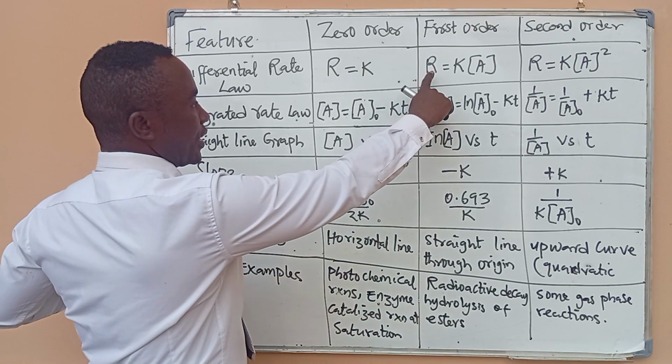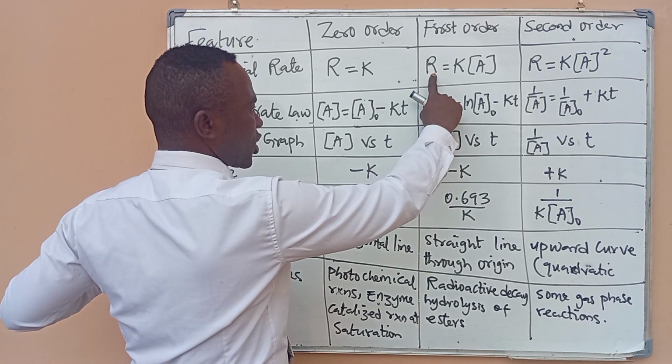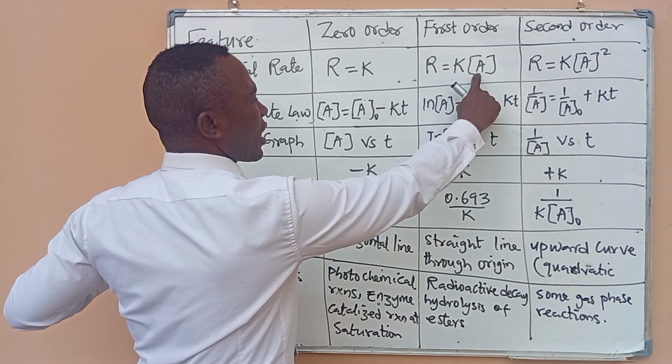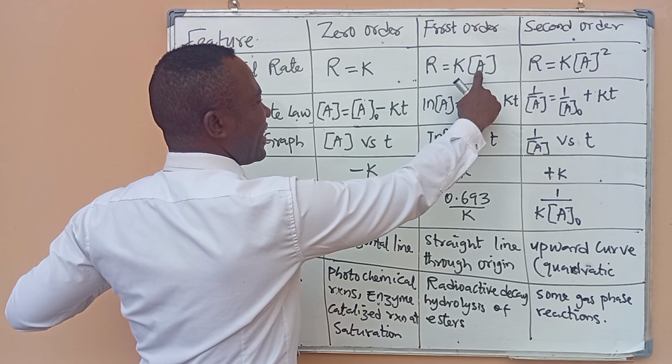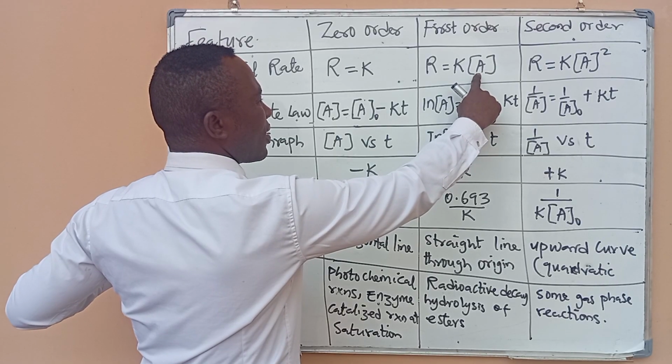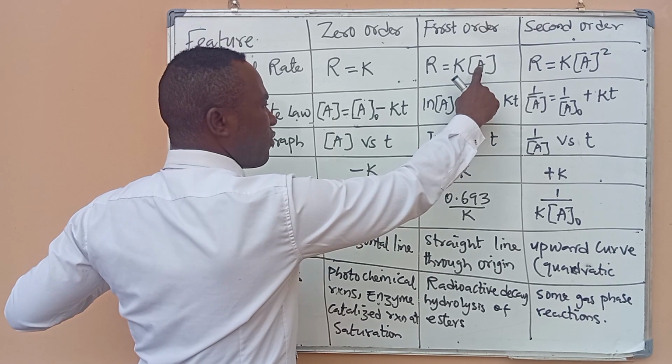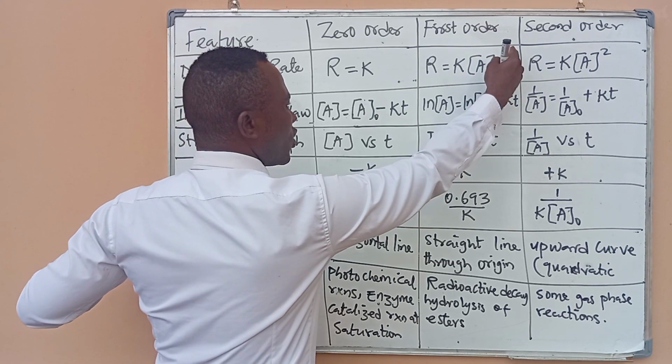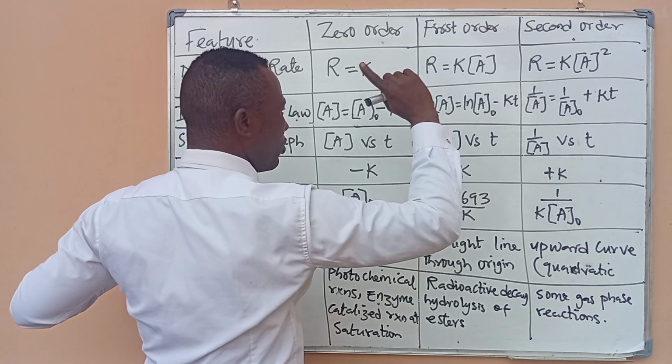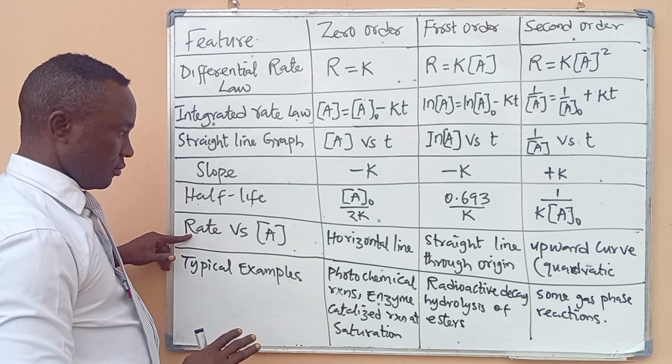Remember, the rate for a first order reaction is directly proportional to the concentration of the reactant. There is no intercept, so it will be a straight line graph.